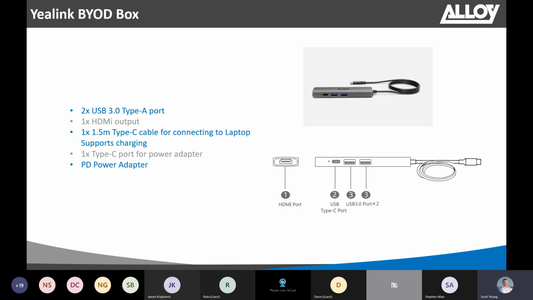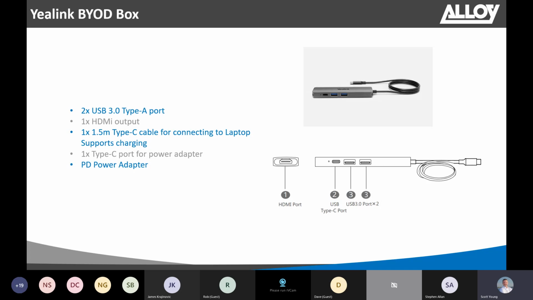So when we talk about BYOD solutions, we walk into a conference room, we have our notebook, we sit on the table, and we don't want to run the meeting from the screen on our notebook. We want to be able to use the existing large screen that's been installed in that conference room or meeting room.